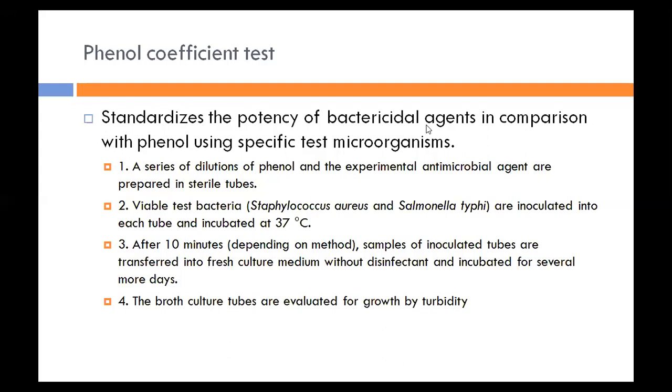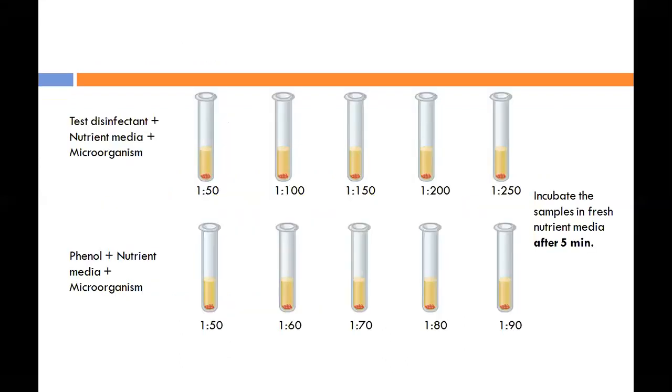Let's understand how this test is performed. On the next slide, you can see there are two sets of test tubes. As we already know, we have to compare the efficiency of the test antimicrobial agent. Here, for example, we will consider the test antimicrobial agent is Lysol. You have to test the efficiency of Lysol in comparison with phenol, to see which one is more efficient, and determine the phenol coefficient.